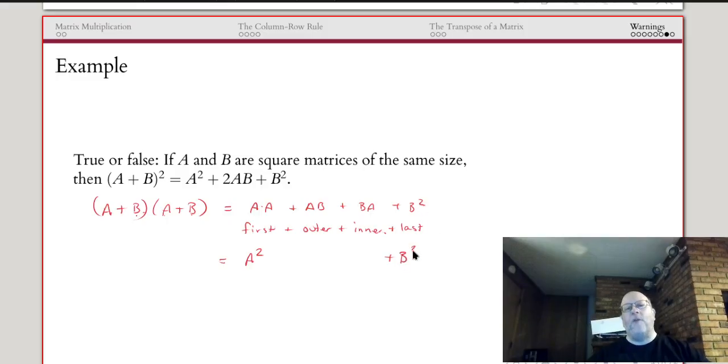I actually went ahead and wrote that as B squared. I'll fix that.